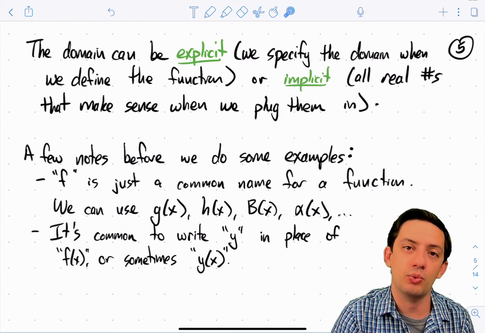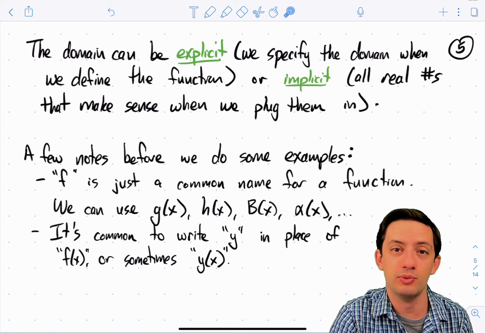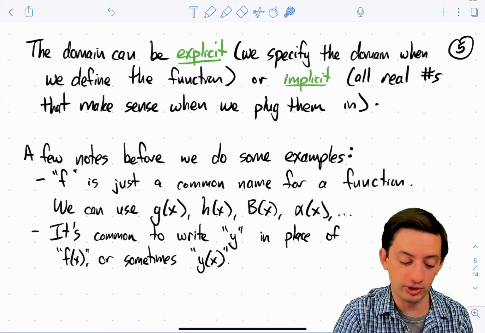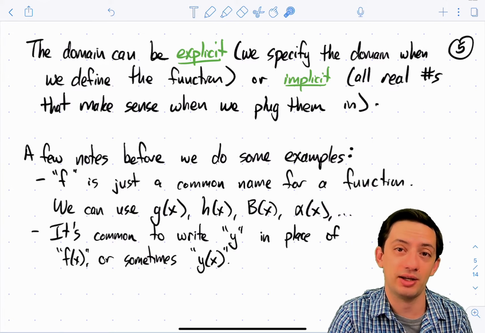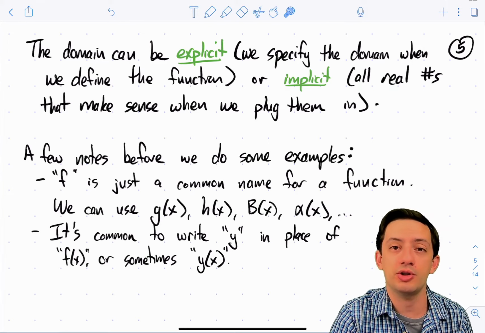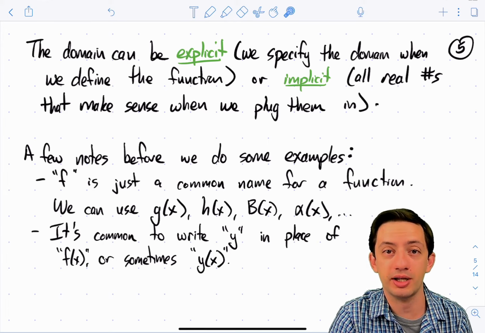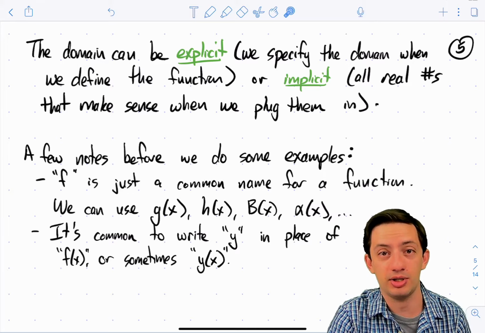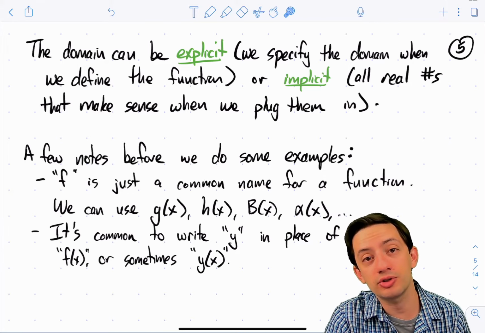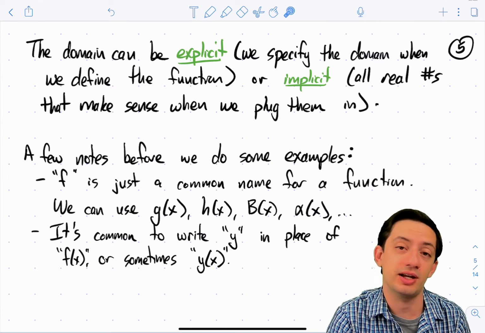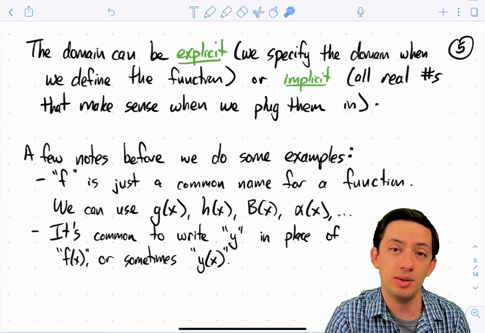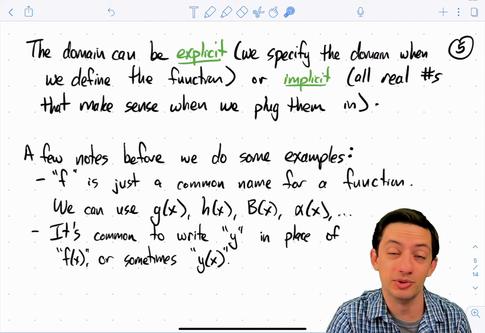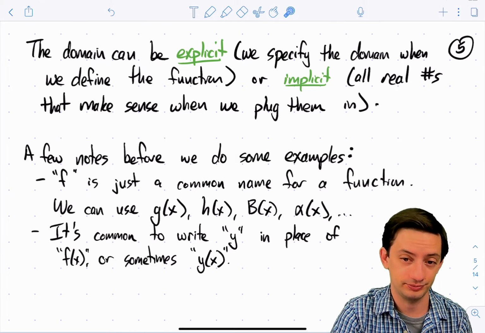Implicit means that we're not going to specifically say what it is, and so you assume, in that case, that the domain is all of the real numbers that make sense to plug in. For example, you know that you're not allowed to divide by 0. So if plugging in a number forces you to divide by 0, that's not valid, so that can't be in your domain. Another example is you know that you can't take the square root of a negative number. So if using some input forces you to take the square root of a negative number, that can't be in your domain. We'll see examples of those in a minute.